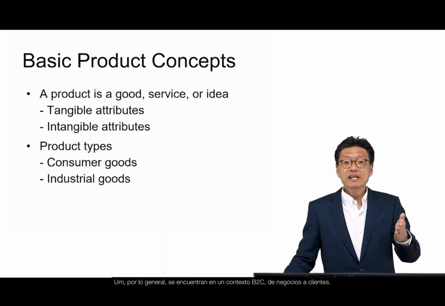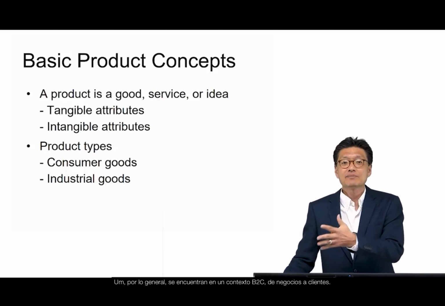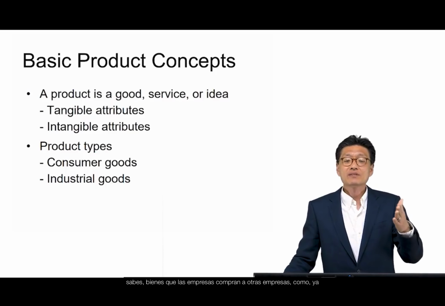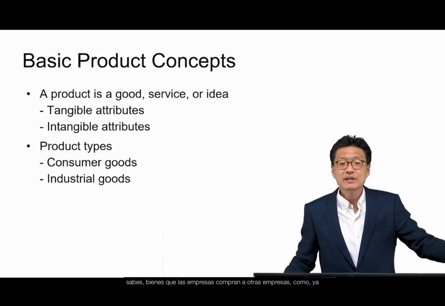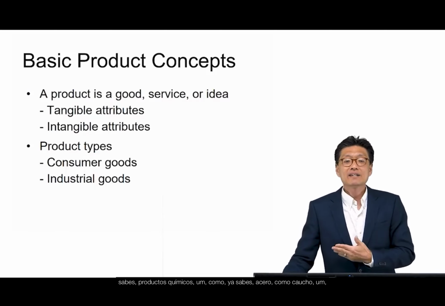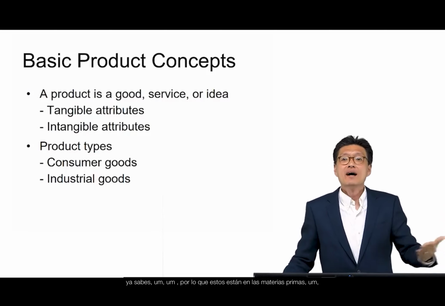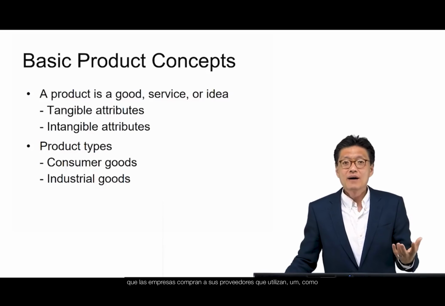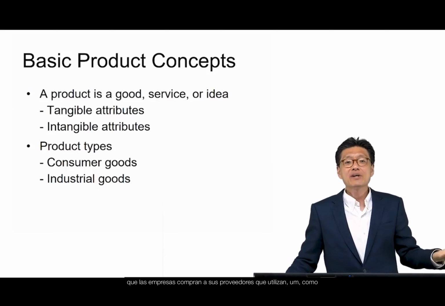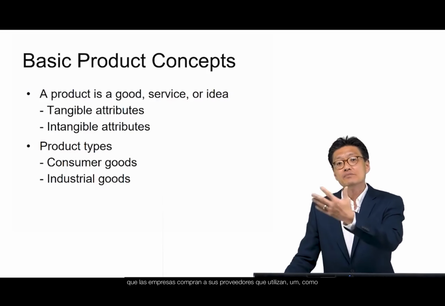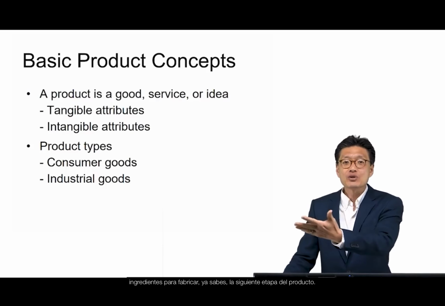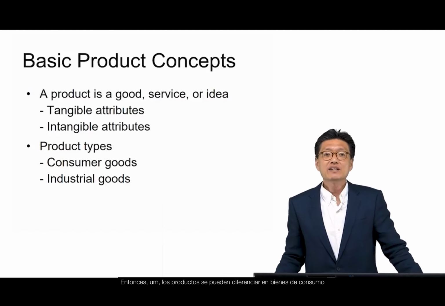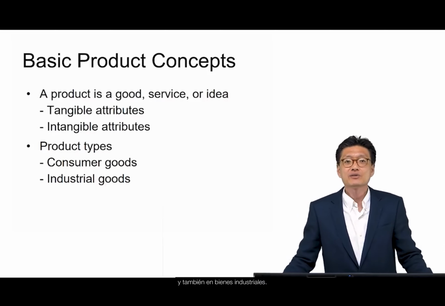So these are typically in a B2C context, business to customers, whereas industrial goods are goods that companies buy from other companies, like chemical, like steel, like rubber. So these are raw materials that companies buy from their suppliers that they use as ingredients to manufacture the next stage of the product. So products can be differentiated into consumer goods and also industrial goods.